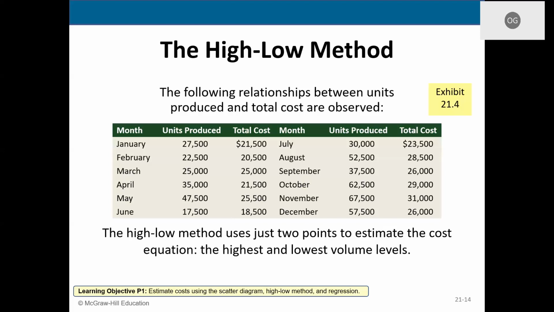It's just about a 1 grand difference between June and November in total cost, while the units produced are more than double. Exactly, you're on the right track with this thought process, Oscar, because we're actually going to cover these in the next two steps.